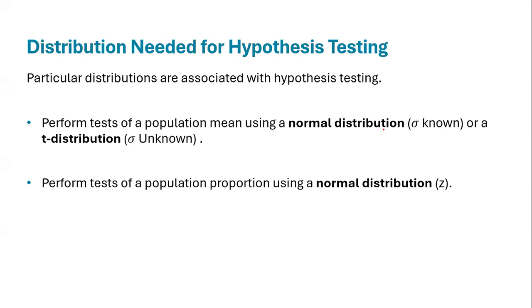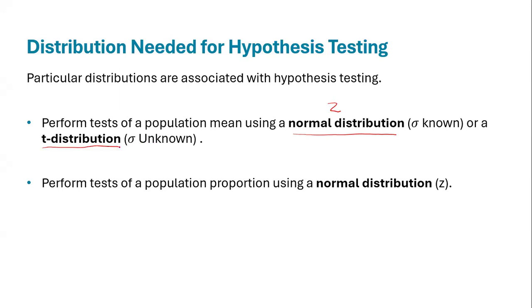If you remember in chapter 8, when we talked about the confidence interval, we talked about the z-table and the t-table. To find the confidence interval for the population mean, if sigma was known, we used the z-table. If sigma was unknown, we used the t-table.